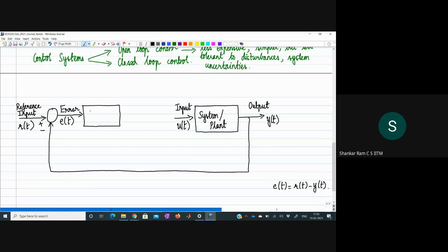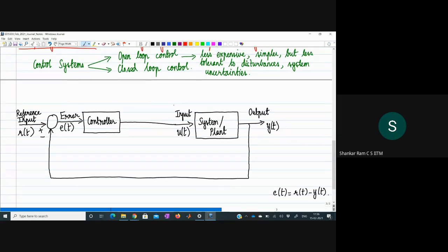We pass this error through a unit called the controller. The controller takes in this error measure, tells me what steering angle should now be provided, and correspondingly adjusts the steering angle.